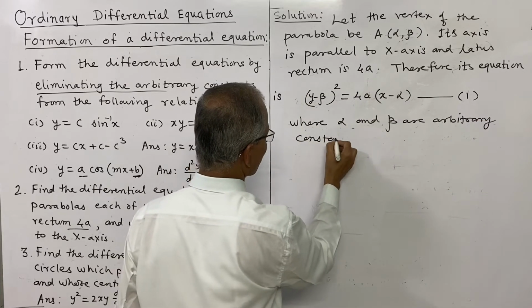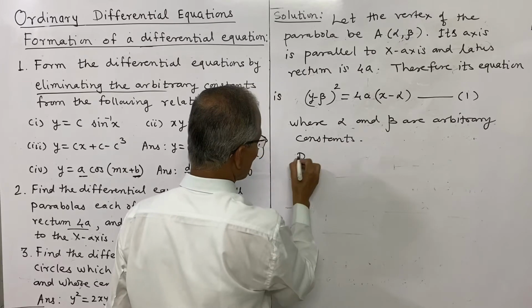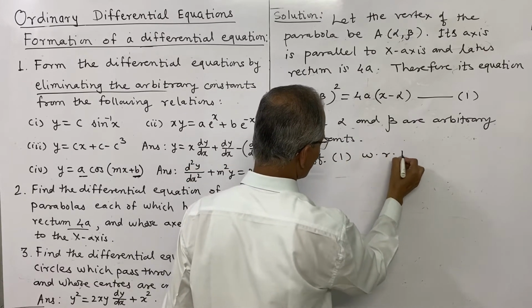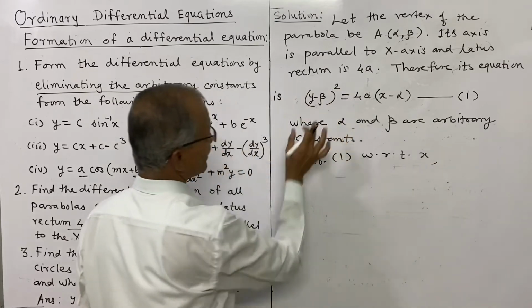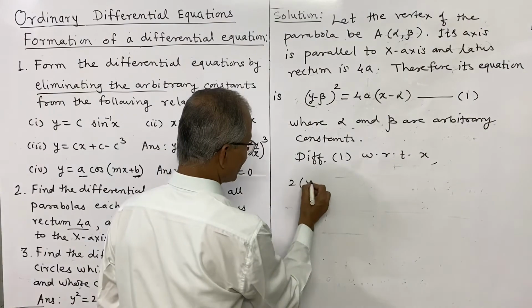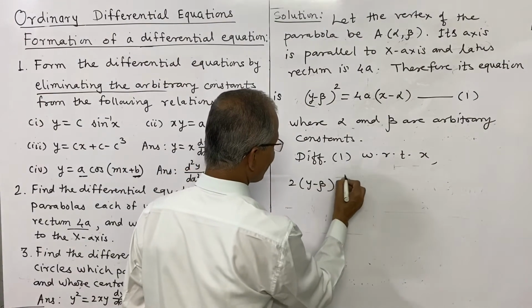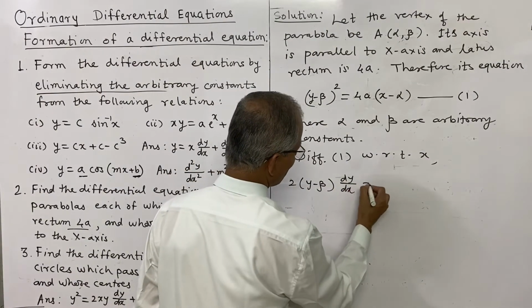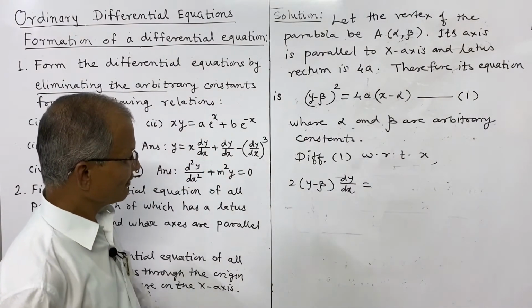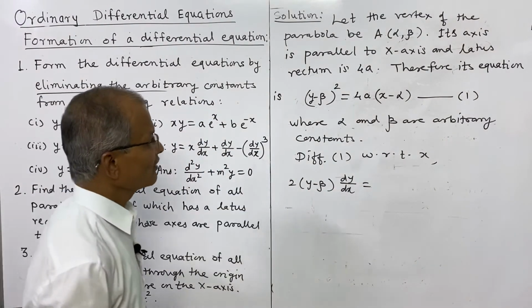Now differentiate 1 with respect to x. What we shall get? Derivative of y minus beta square is 2 times y minus beta into the derivative of y, dy by dx, by chain rule. It is a term in y, so first differentiate with respect to y, then multiply by dy by dx.